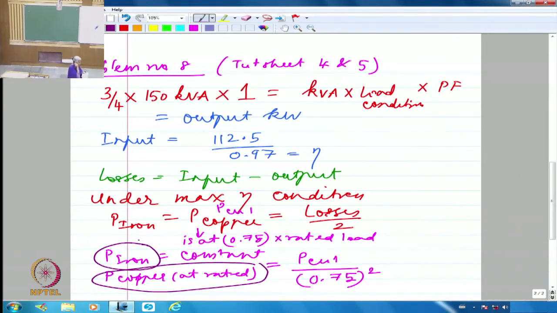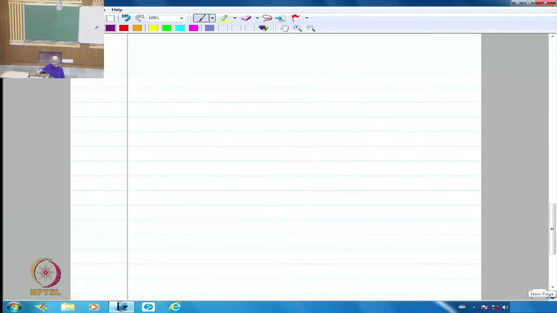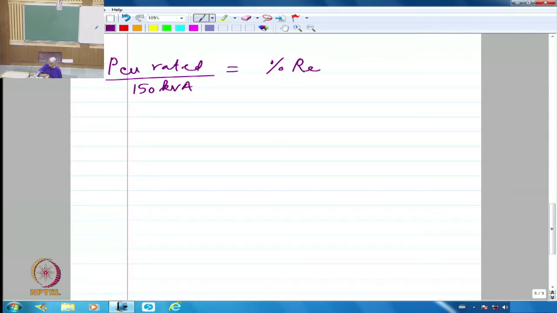Right? What is being asked next? If the impedance is 10%, calculate the regulation at full load for power factor 0.8 lagging. What I have got is rated copper loss. If I have got rated copper loss, what we wrote some time ago for per unit measurement, I should say P copper rated divided by 150 kVA will actually give me percentage R equivalent. Am I right?